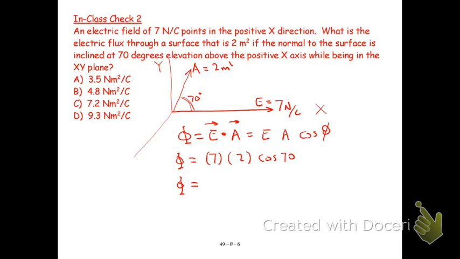The first thing we check is we're in degrees: 14 cosine 70. That's going to be 4.79 newtons per coulomb meter squared. So it's that guy. Cool. Not bad.